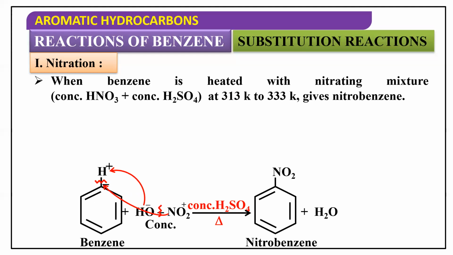And you can clearly see here through the arrow mark, when H plus is abstracted, there is a negative charge on that carbon atom. That negative charge is nothing but excess electrons that have been left by hydrogen while it went out. That is being attacked by whom? By the electrophile, which gets attracted to that negative charge to form a bond. And once it forms a bond, we get the product nitrobenzene. Clear? Very, very important reaction.